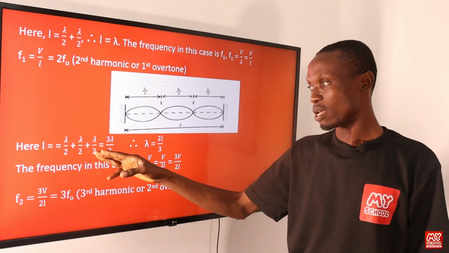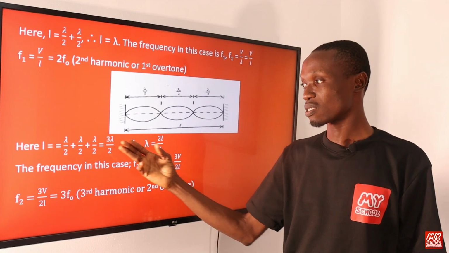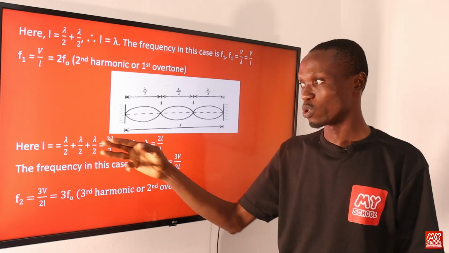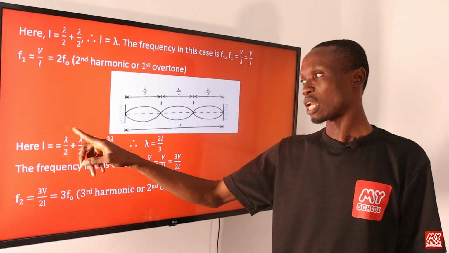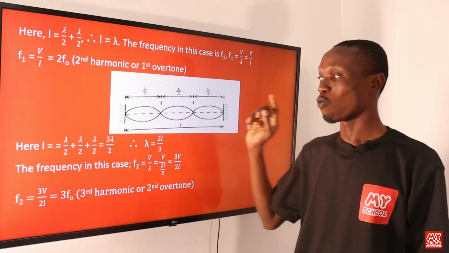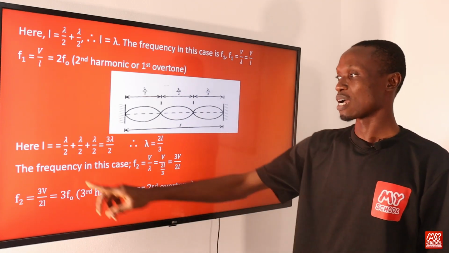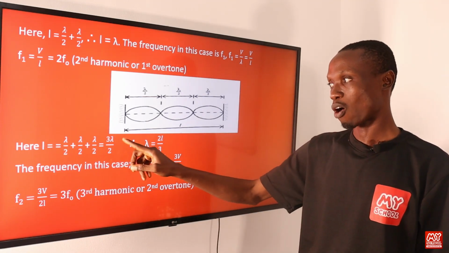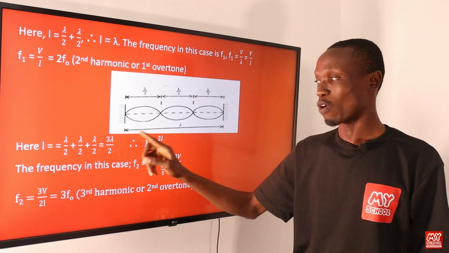Of course, the LCM here is 2. Since the denominators are the same, we simply add the numerators. So lambda plus lambda plus lambda is equal to 3 lambda all over 2. So L is equal to 3 lambda over 2.